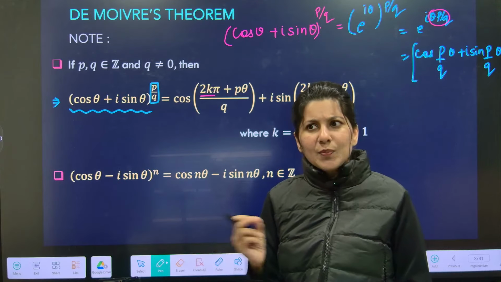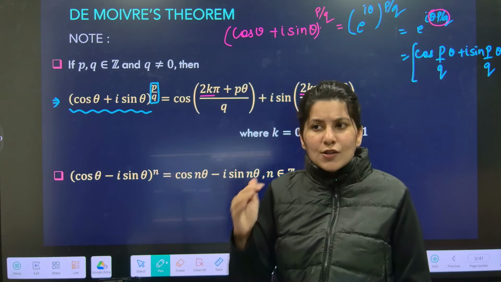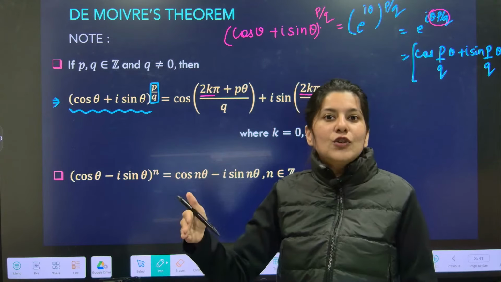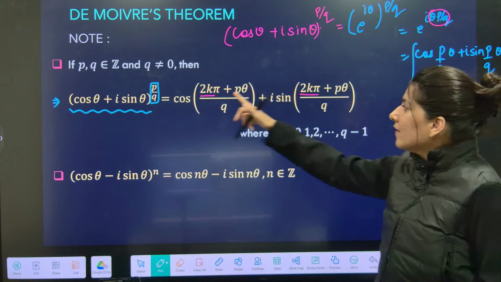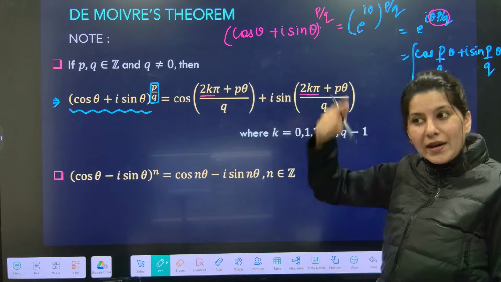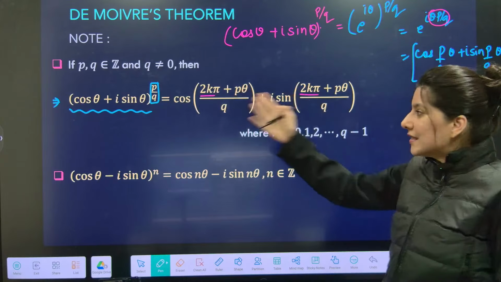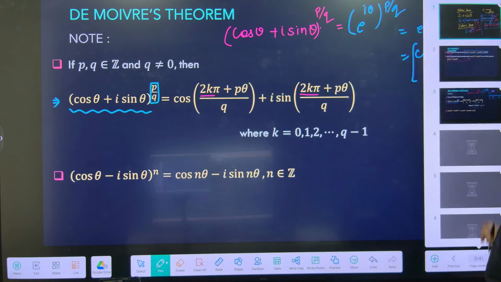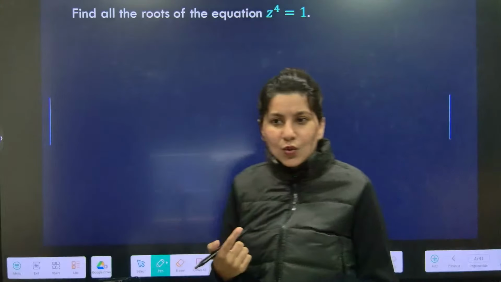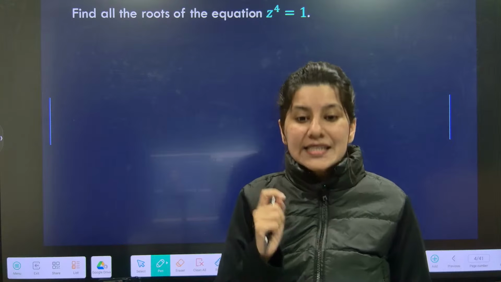Don't you think the value is the same? The cycle repeats every 360 degrees, every 2 pi. That's why 2k pi. If you put k equal to 1, it will be 2 pi. k equal to 2, it will be 4 pi. So 2 pi, 4 pi, 6 pi and so on. We'll understand this whole scenario with the help of one example.